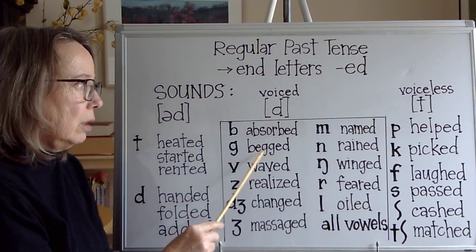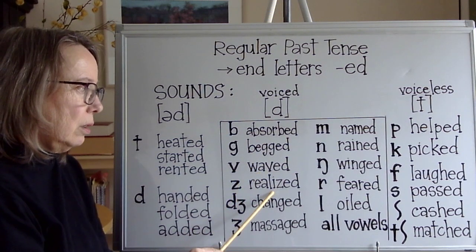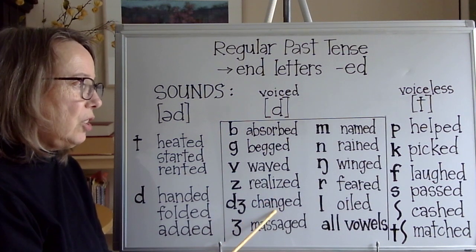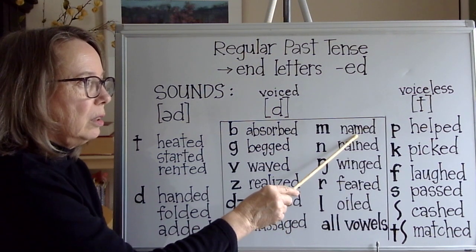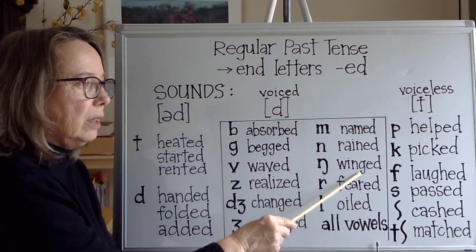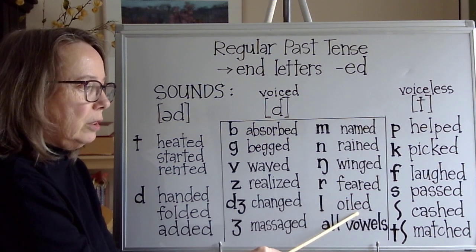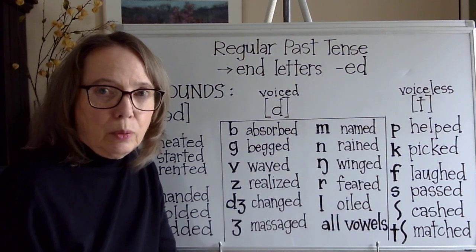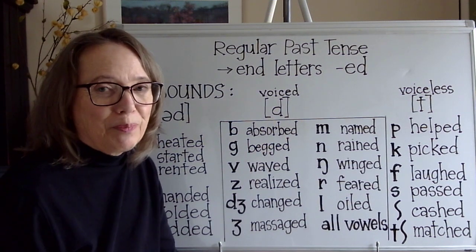Absorbed, begged, waved, realized, changed, massaged, named, reigned, winged, feared, oiled, and all verbs that end with vowels will also have the final D sound.